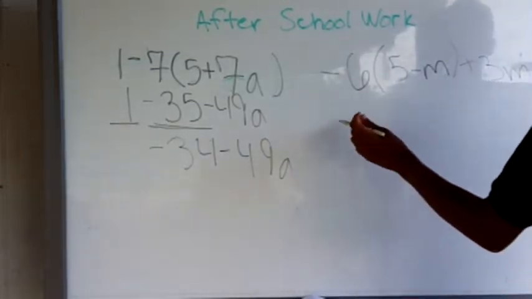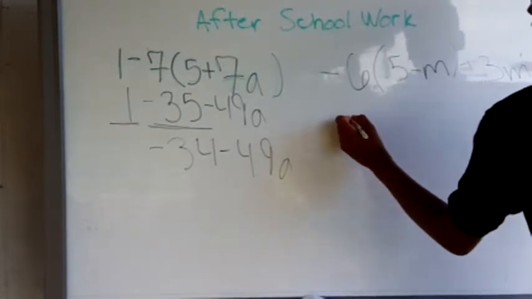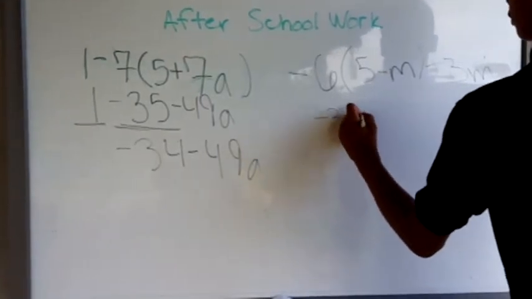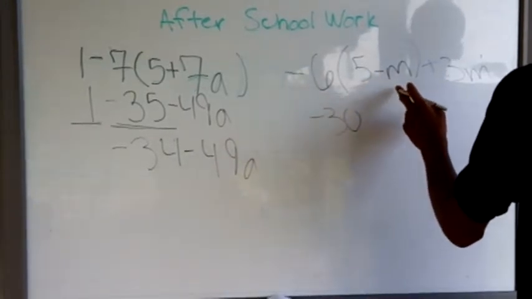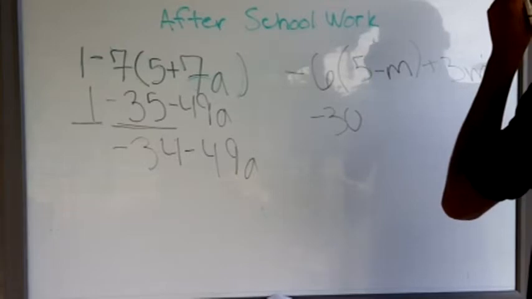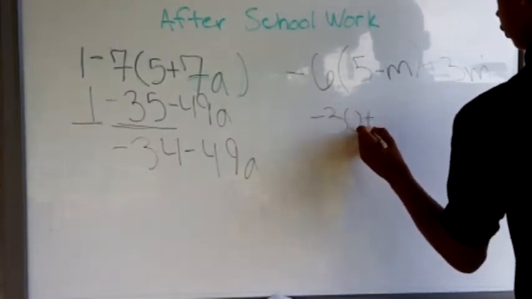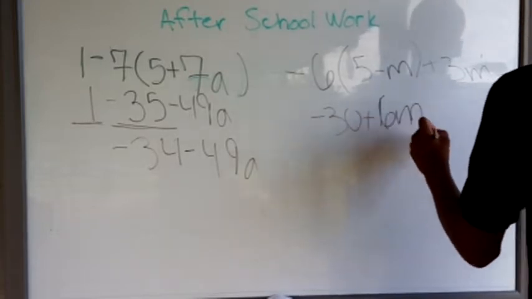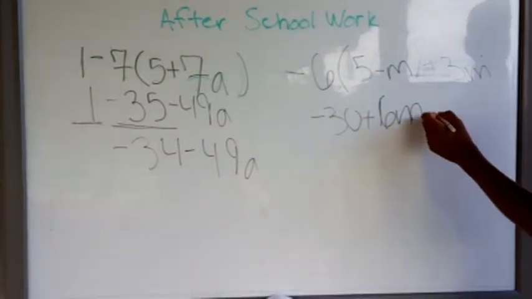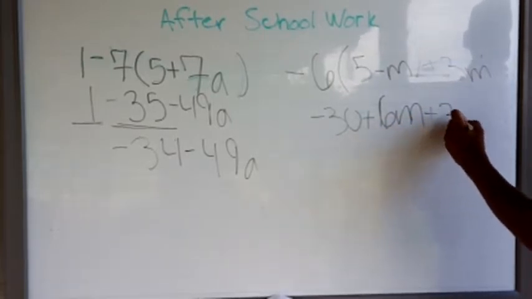So now you do -6 times +5, which would equal -30. And then you do -6 times -m, which is the same as -1m, which will equal +6m. And the equation will be -30 plus 6m plus 3m.